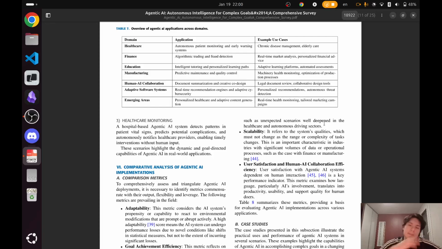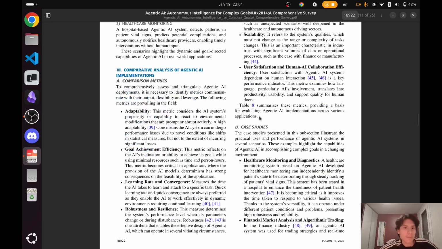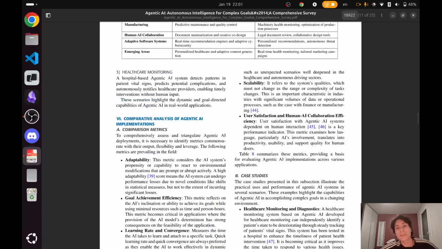The main takeaway here is that it's going to be applied in fields where the environment is going to change, and we need a model that is able to adapt to this change. They give some examples, like autonomous patient monitoring, where the agent has to adapt to a specific case and be persistent over time.